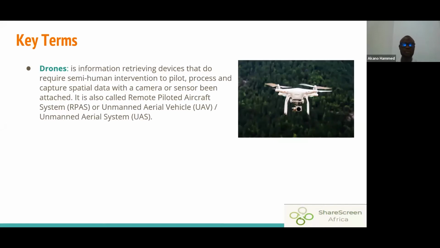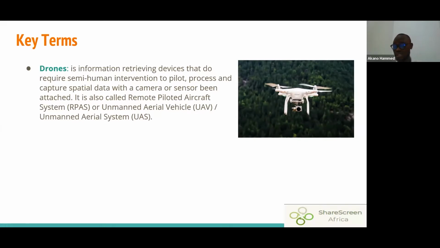Then the drones. A drone is an information retrieving device that requires semi-human intervention to pilot, process, and capture spatial data, with a camera or sensor attached or mounted to it. As I said earlier, it's called a remotely piloted aircraft system, UAV or UAS. The term semi-human intervention is because we have different techniques in which we pilot drones right now.